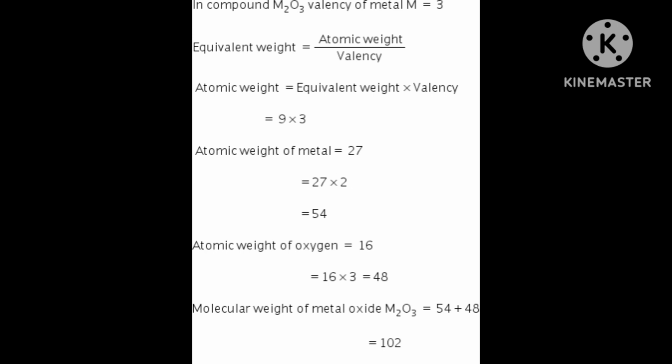That will be called the equivalent weight of AB, divided by equivalent weight of A plus equivalent weight of D. That is called the equivalent weight of AD.